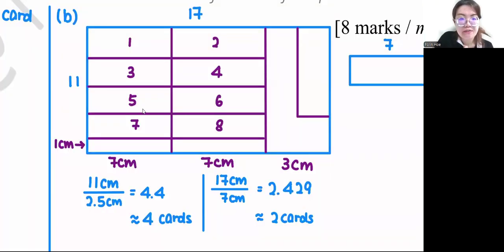I'm so sorry for the line. 7, 7, and then I have extra 3, right?